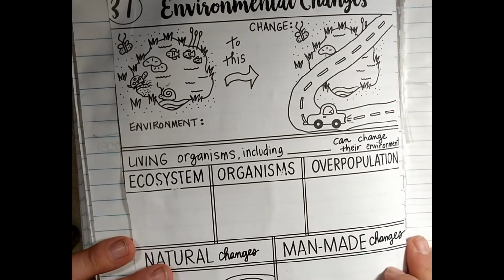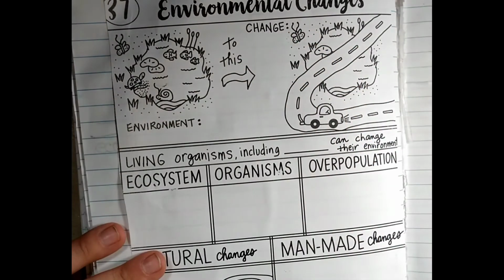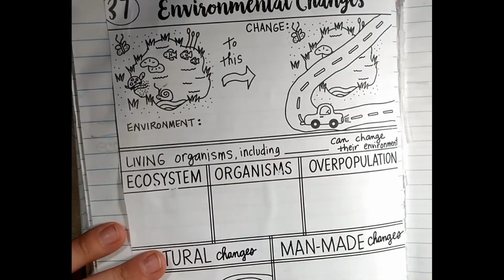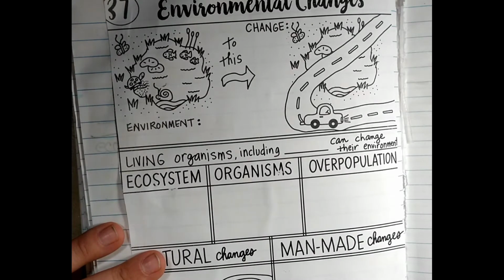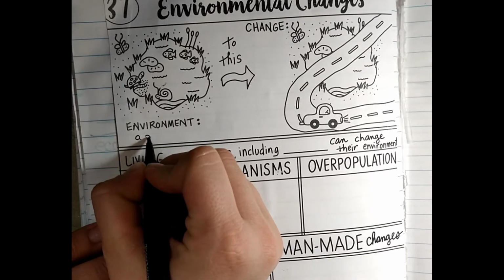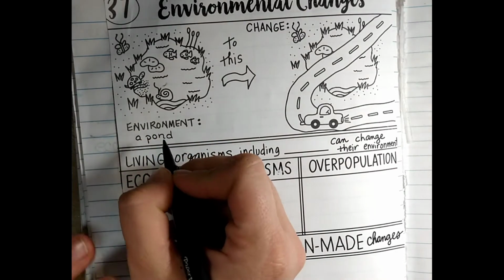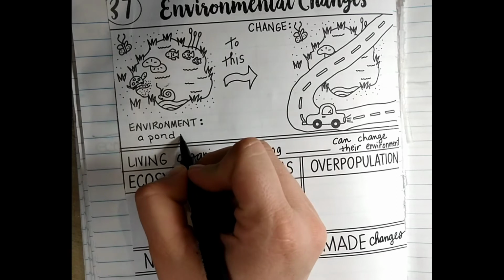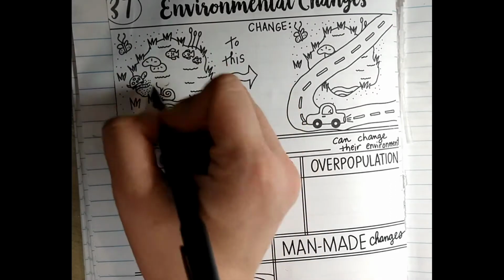Okay, so my environment, I will color this in a few. An environment, this is a pond in nature. This picture right here. This is a little pond.